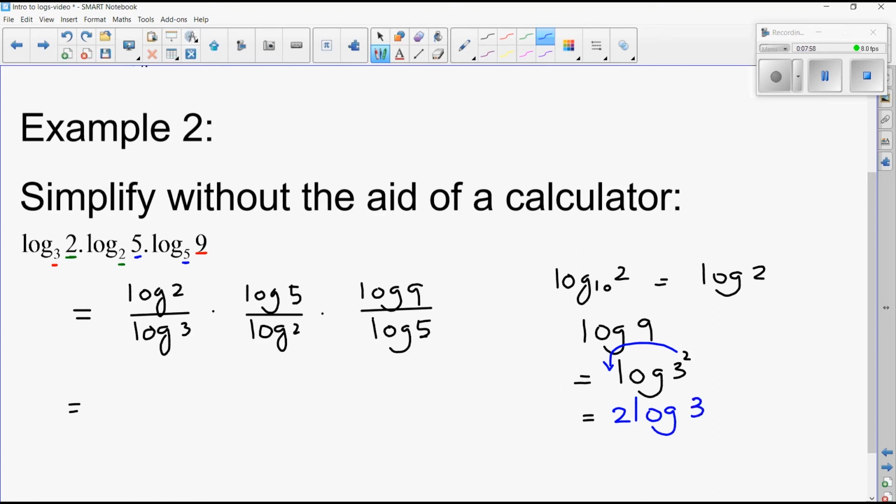So I rewrite my sum as log of 2 over log of 3 times log of 5 over log of 2. Obviously, you could have already cancelled here. Times log of 3 squared, so it's going to be 2 log 3 over log of 5.